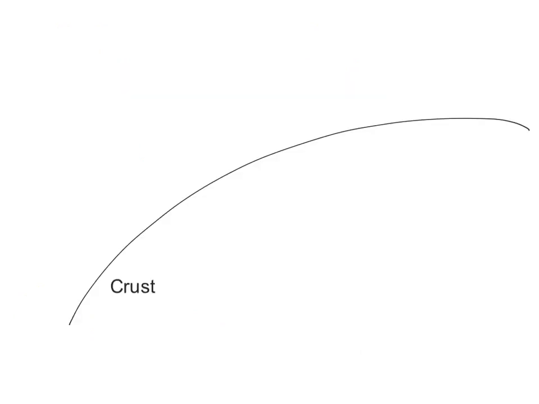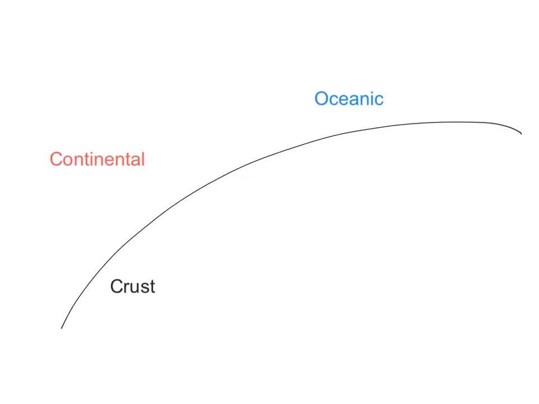Let's focus on the crust for a second. So, first, you guys need to realize that there are two types of crust. There is continental crust, and then there is oceanic crust. But what's the difference between the two?